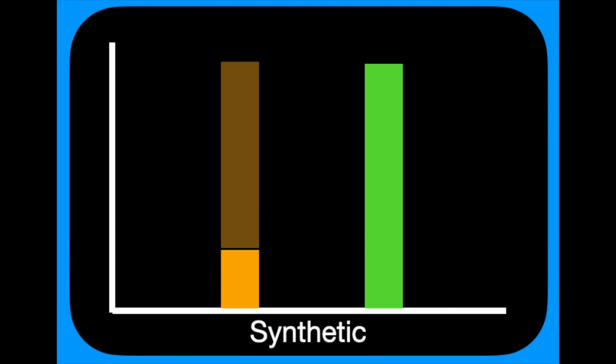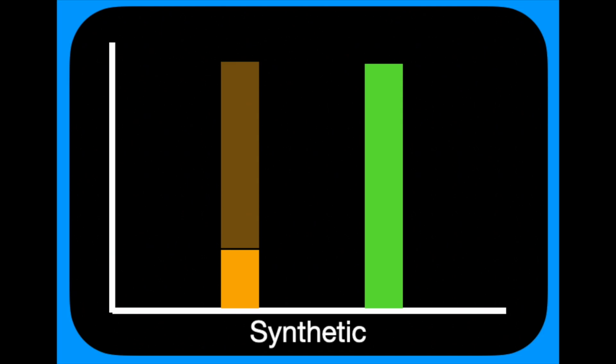The third approach we can use is what we call synthetic data, or we can use a synthetic data generator to make up the difference between the majority and minority classes. So this involves training a data synthesizer on the minority class and then using that trained synthesizer to produce as many samples as we want.